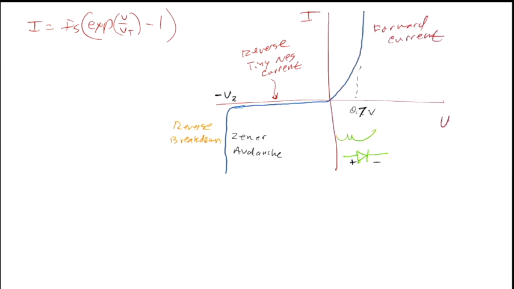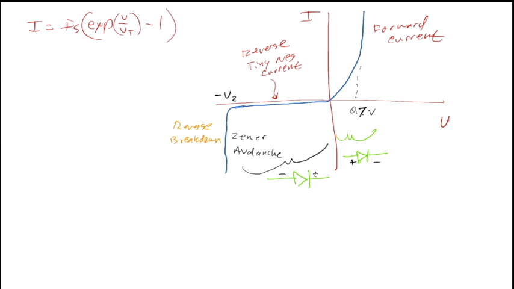And in the reverse bias region, we've got a plus voltage and a minus voltage across the diode like that. So reverse bias means the cathode is a higher voltage than the anode, and forward bias means that the anode is a higher voltage than the cathode.